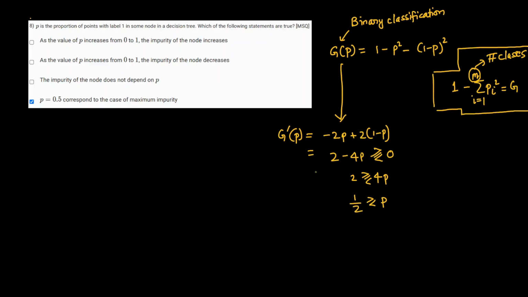So what does this mean? This essentially means that when P goes from 0 to 1 by 2, the value of G prime of P is positive, which means G(P) increases.